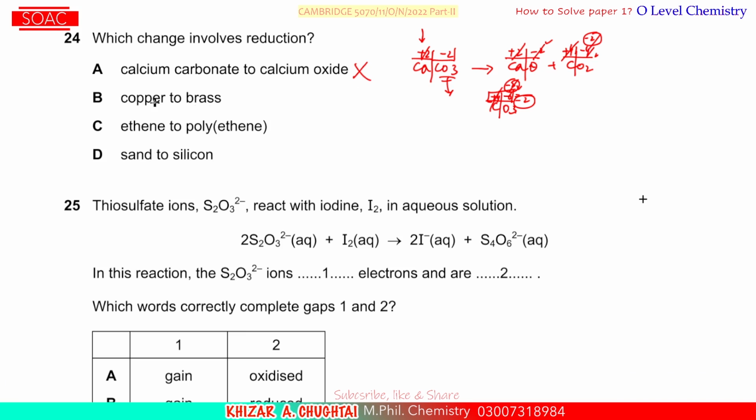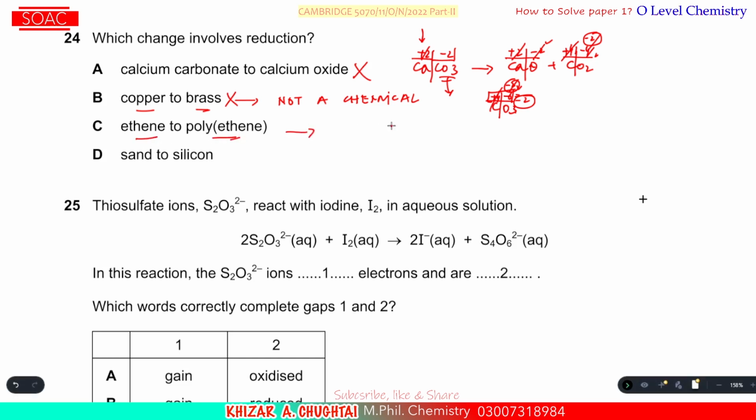Now come to the next one. Copper to brass is not a chemical change, so there is no chance of any reduction. Ethene to polyethene is a polymerization, and similar atoms are again lying in the polymer.